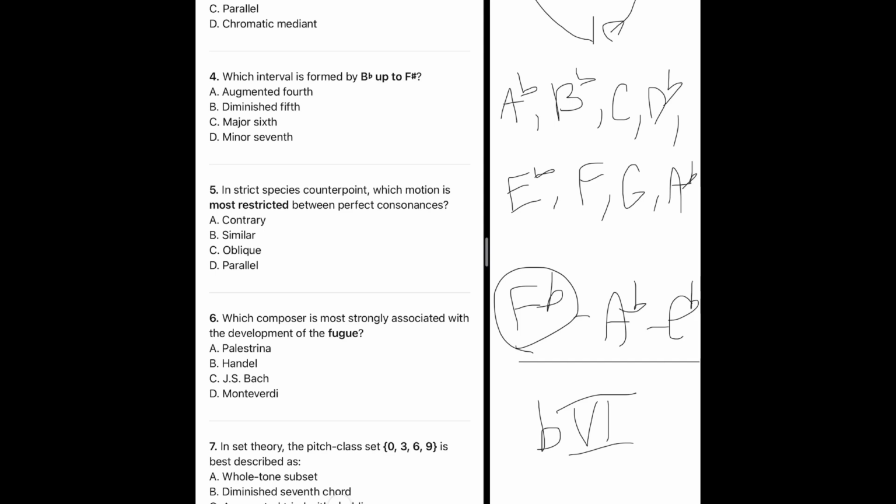Then I will have to say an augmented fourth, because F sharp is going to be E natural. So that's where I'm going to say A on this one.